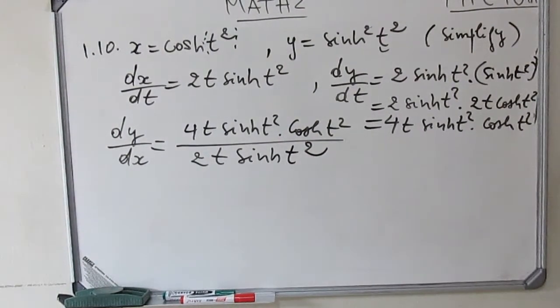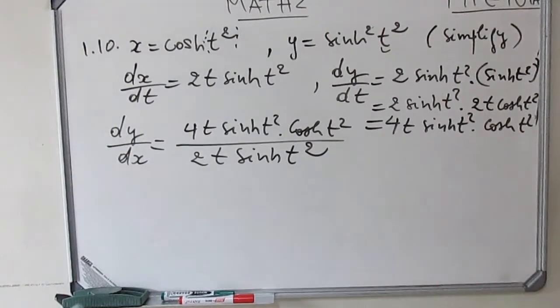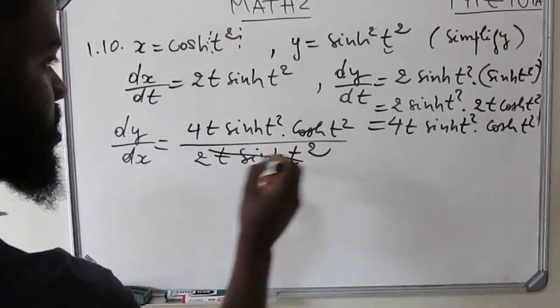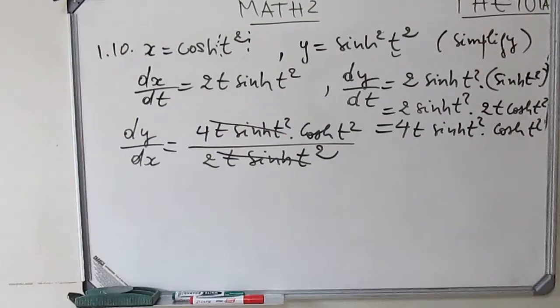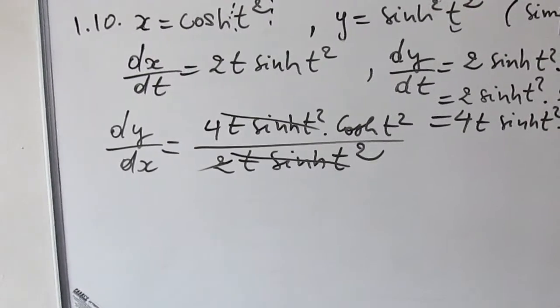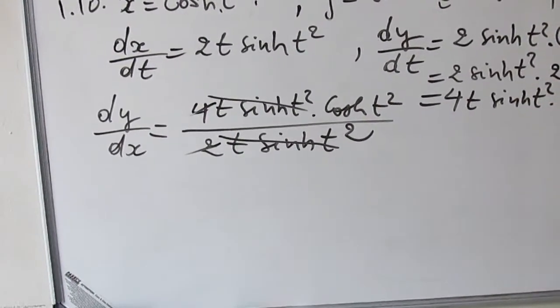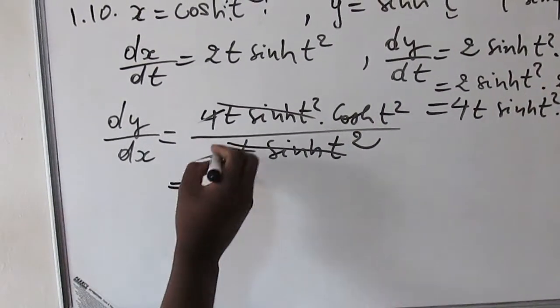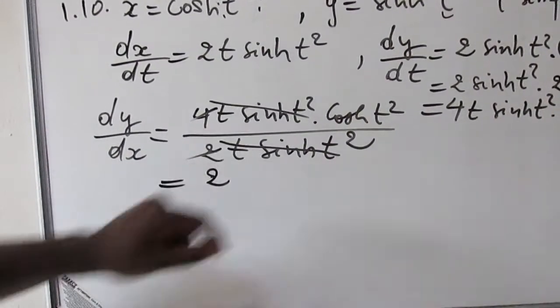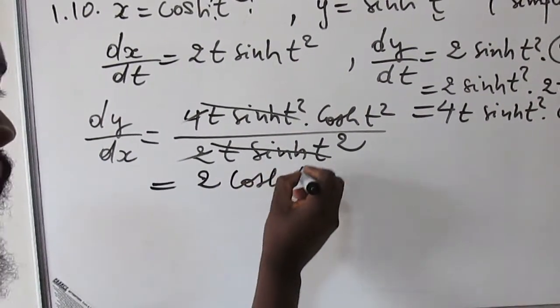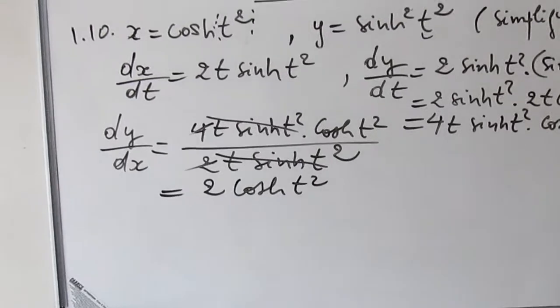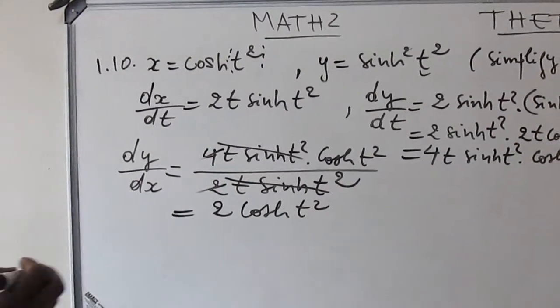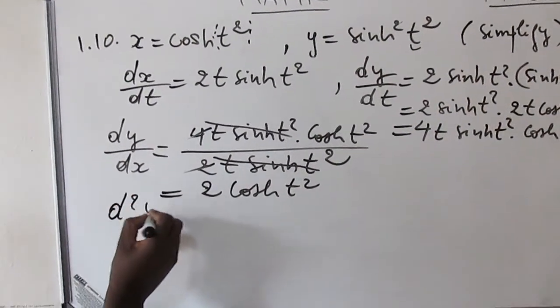Alright, we can cancel something here. This can be cancelled with that. 2 can also be cancelled with that 4. We have 2 cos of t squared.